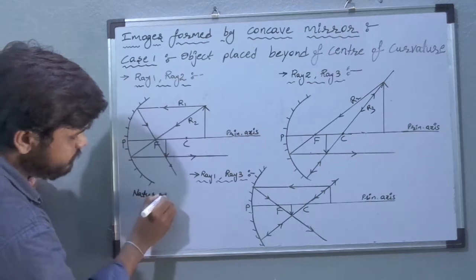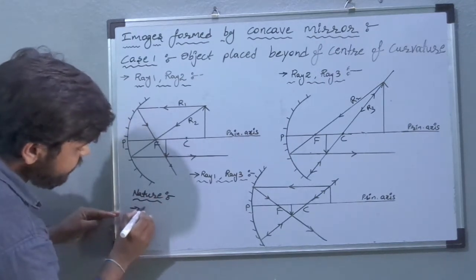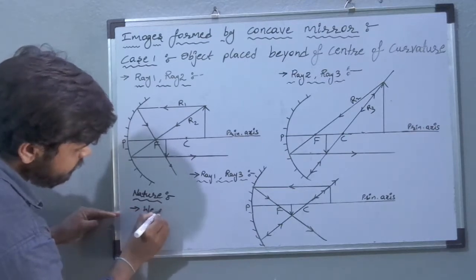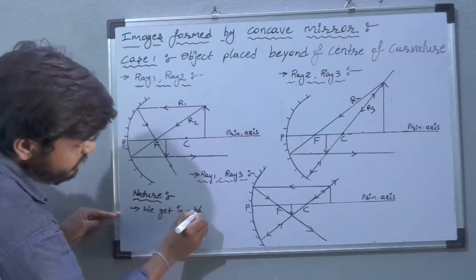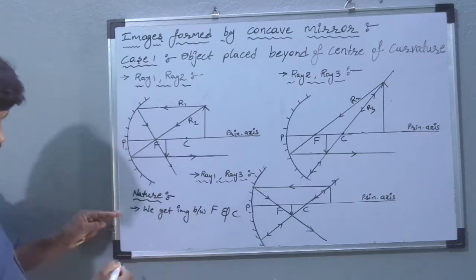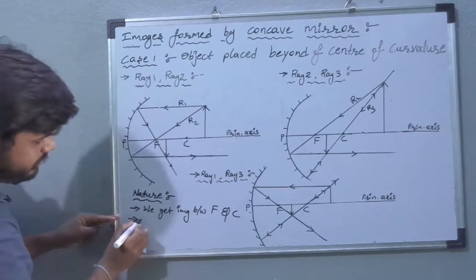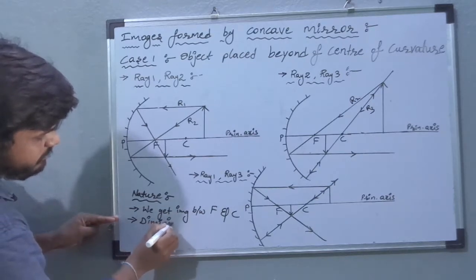Nature. First, where did we get the image? We get the image between F and C. Second, a diminished image we get.